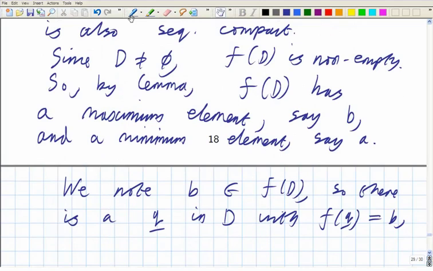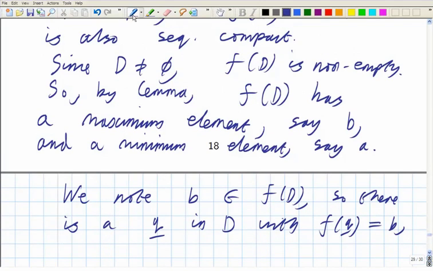And similarly, there's a point P in D, so that f of P is equal to little a.